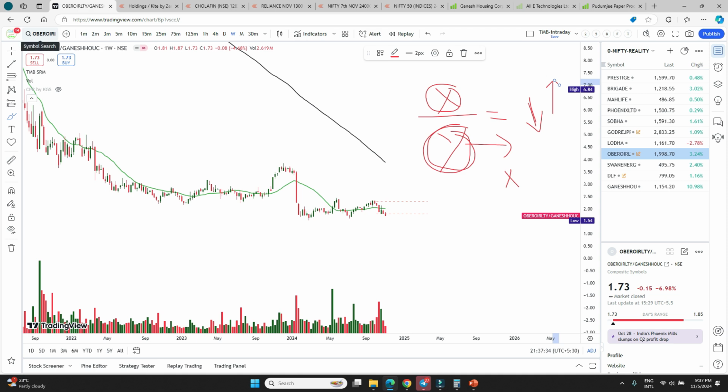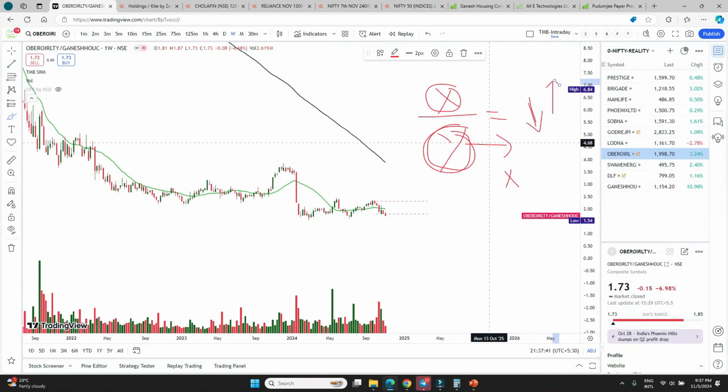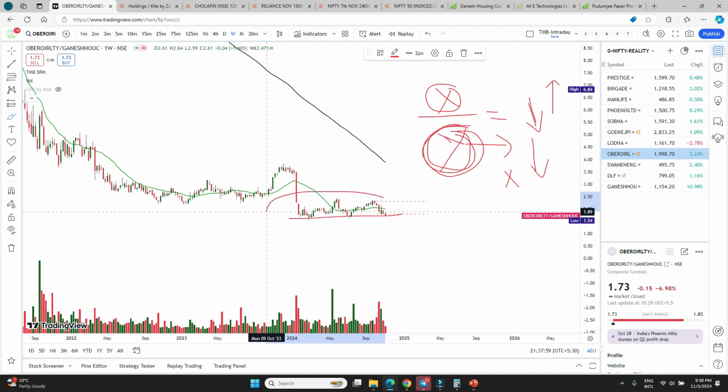Now if we see Oberoi Realty and Ganesh Housing, the denominator is the one performing well, so the chart value is lower over the last few candles.